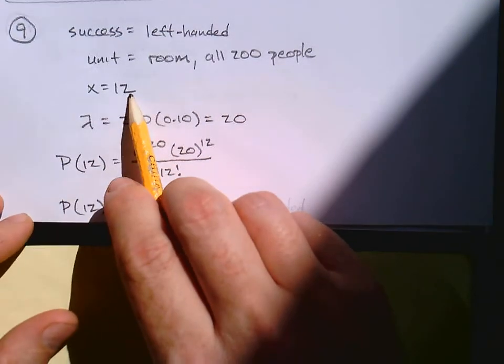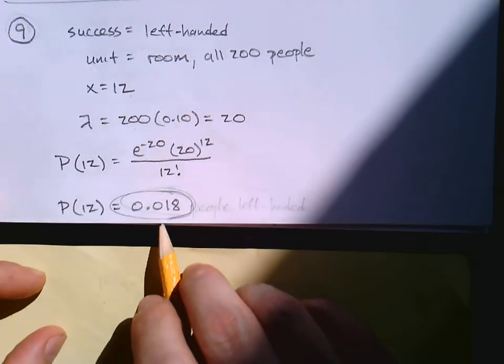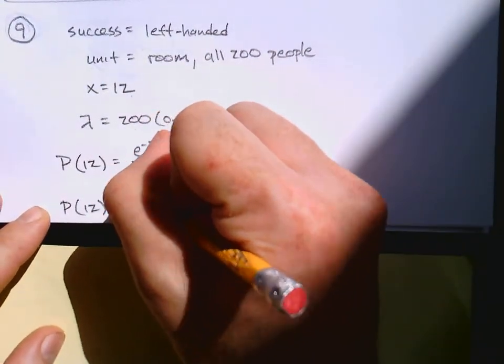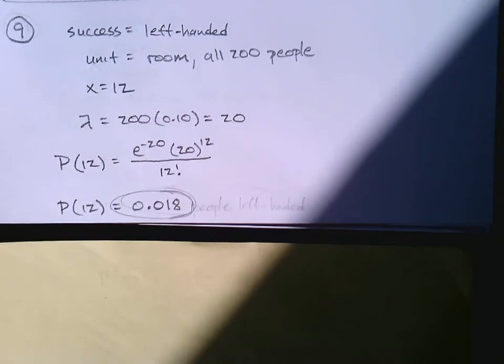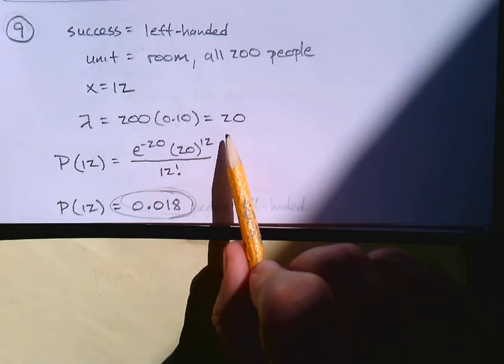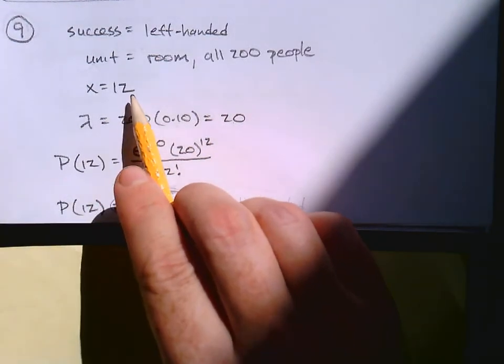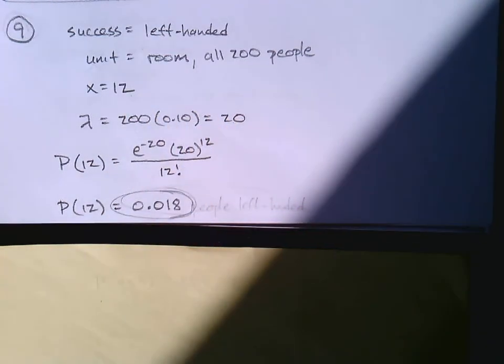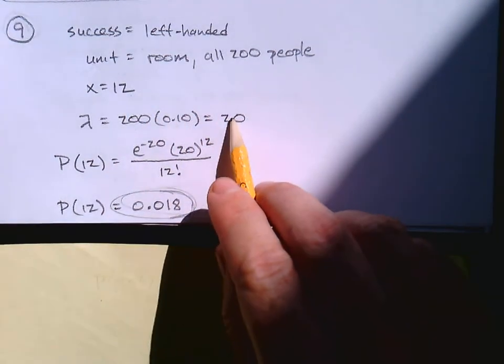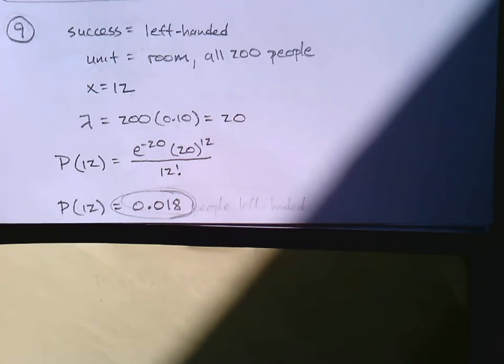Okay, it's 12 left-handed people, and that's a probability: 0.018 chance, less than a 2% chance that there are 12 people left-handed in that room, which seems very, very small. But we would expect there to be 20 people, so 12 is very far from 20. The chances of there being 12 are really small because it's so far away from what we'd expect.